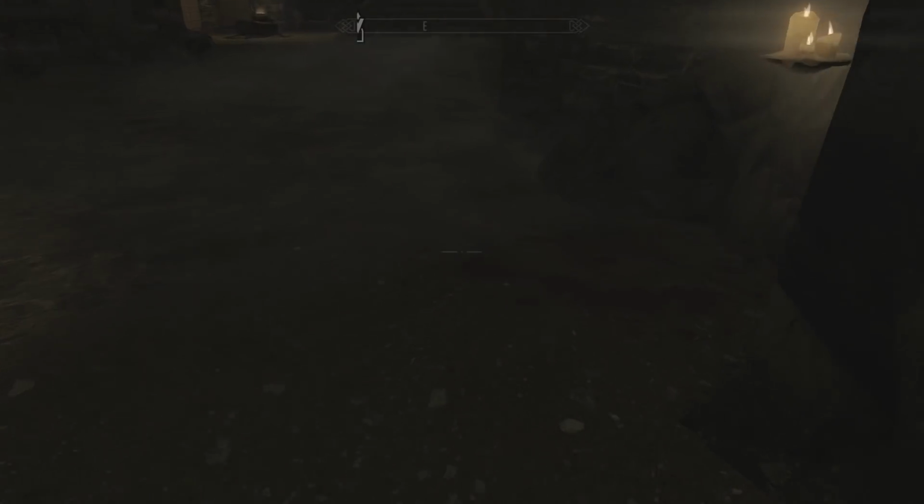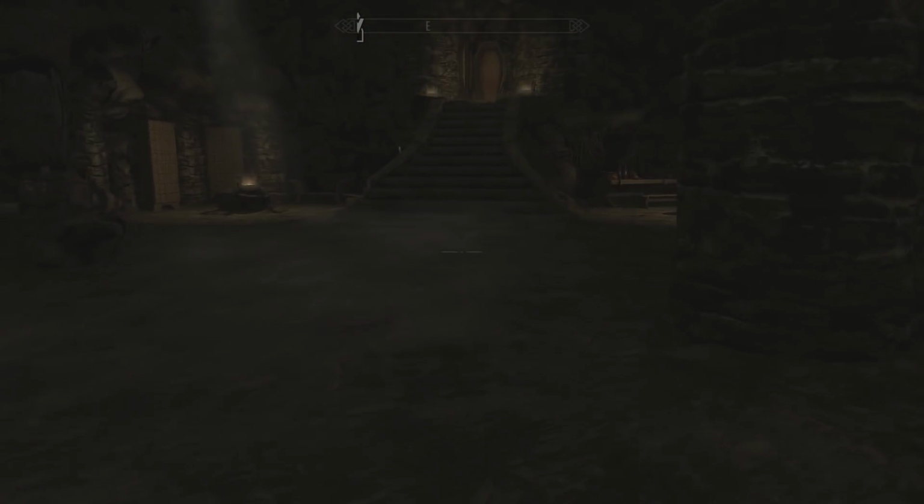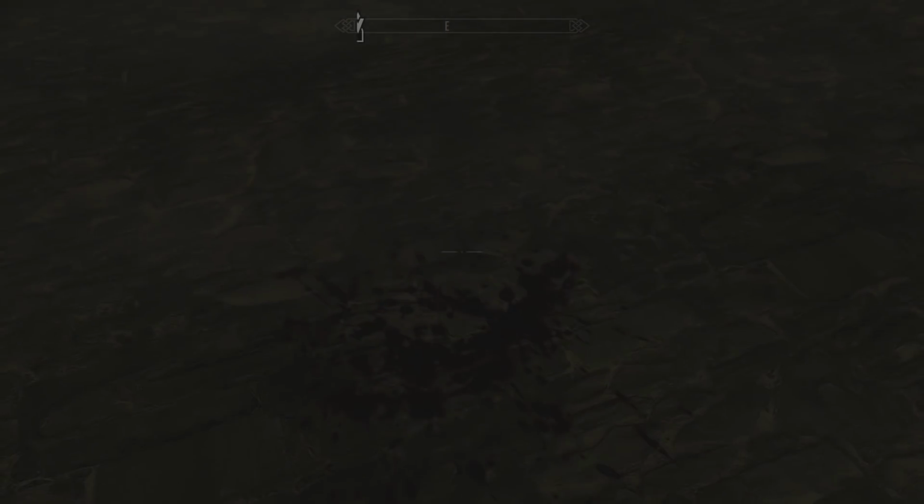All right, where? All right, so blood trail. Blood trail. Blood.